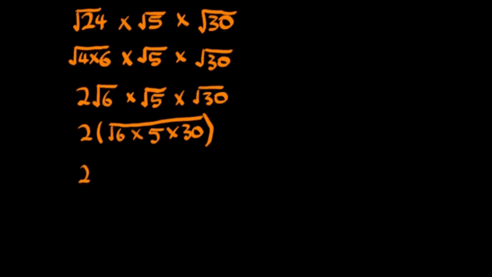So this gives us the root of 900. Now in working this, we have 2 times the root of 900, which gives us 30. So that would be 2 times 30, and our final answer gives us 60. This would be our final answer. How true, very true.